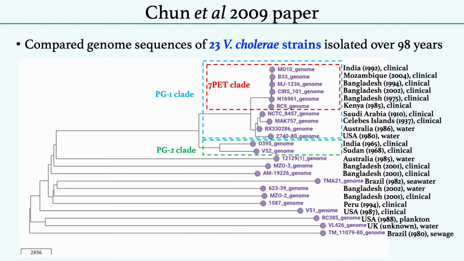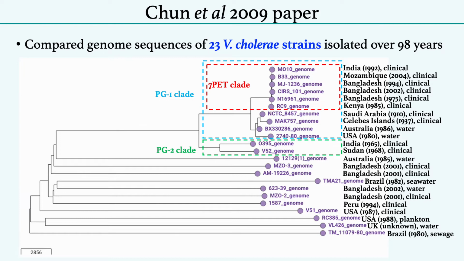In this phylogenetic tree of the 23 isolates, you can see that the isolates causing the current global pandemic, or 7 pandemic, all belong to a particular clade, highlighted with the red box here.